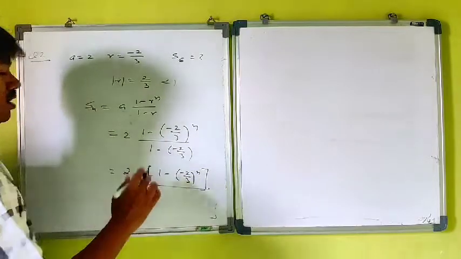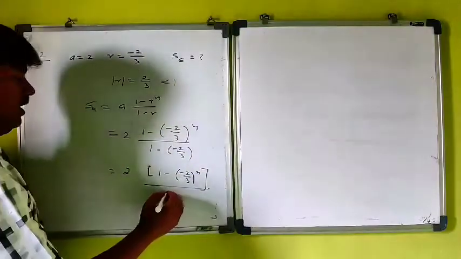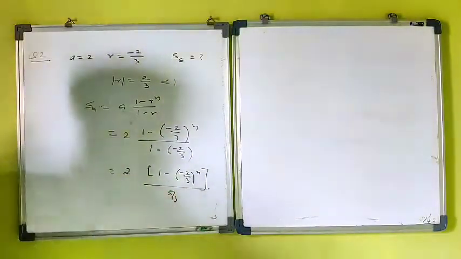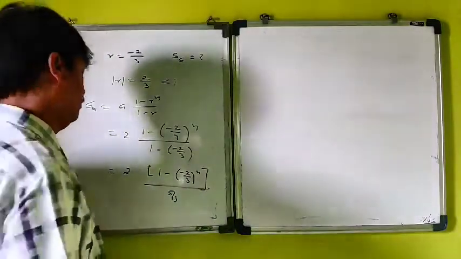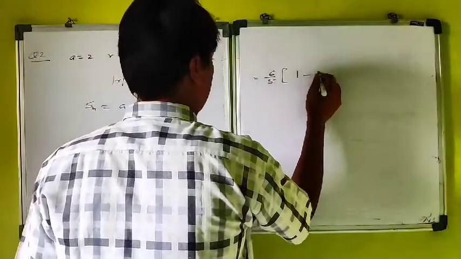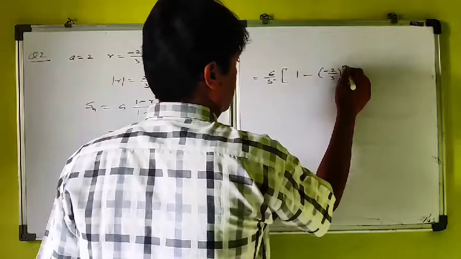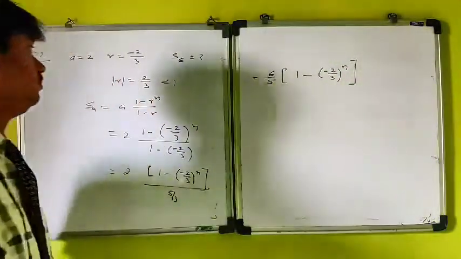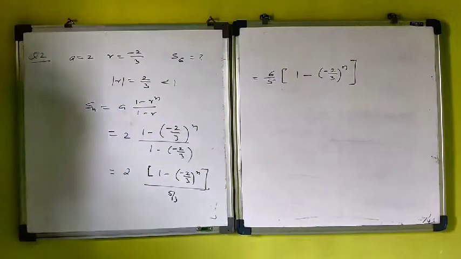Here it is 3 plus 2, that becomes 5 by 3. This will go up, so it is 6 upon 5, with bracket 1 minus 2 by 3 raised to n.